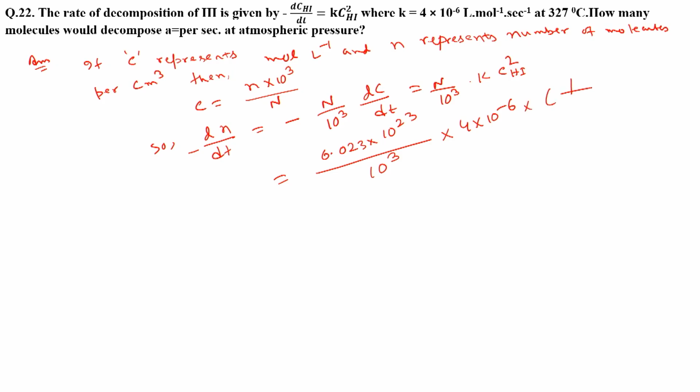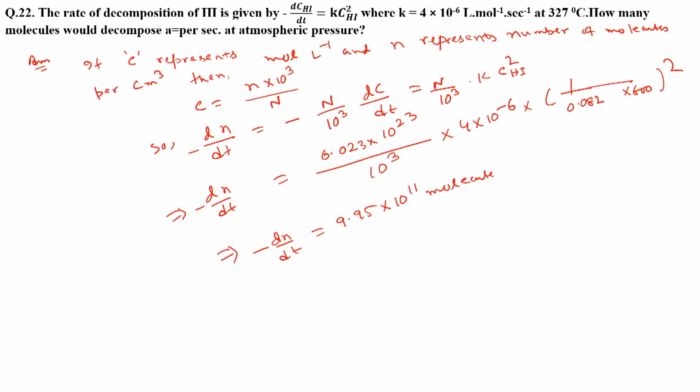So this is 1 by 0.082 times 600 square, since 327 degrees Celsius means 600 Kelvin. So if we do it, we get minus dn by dt is 9.95 times 10 to the 11 molecules per cc per second. This is problem number 22.